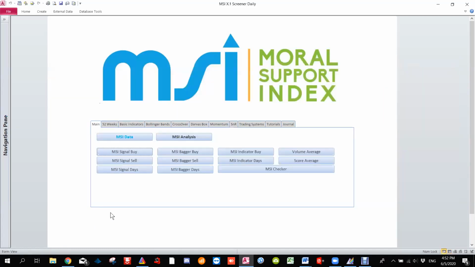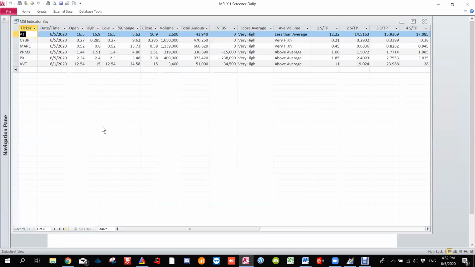Okay? So let's check another indicator. Another indicator is this one, the MSI indicator. Okay, same thing. It gives you the ideal stocks you can buy based on that indicator.